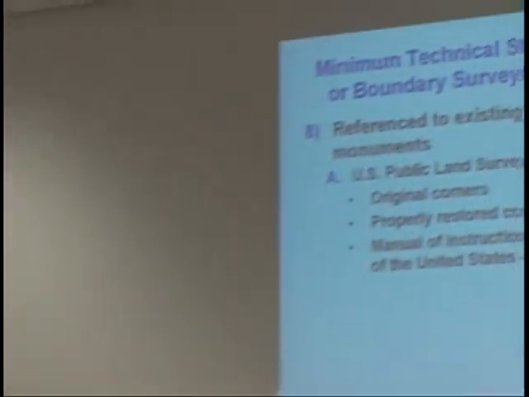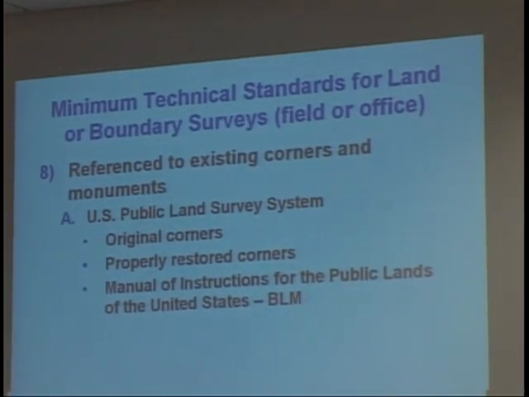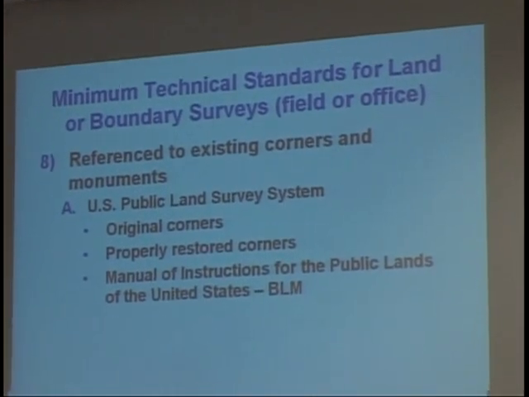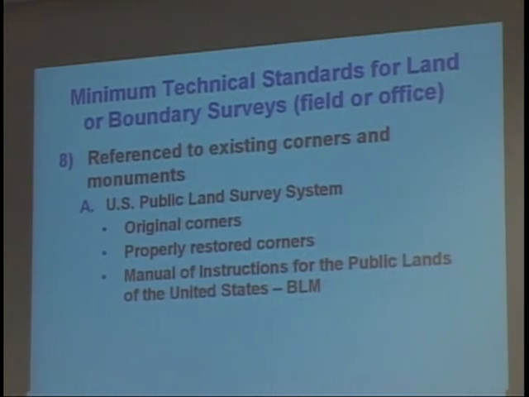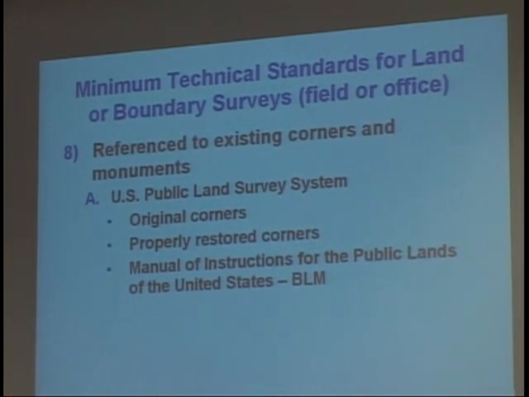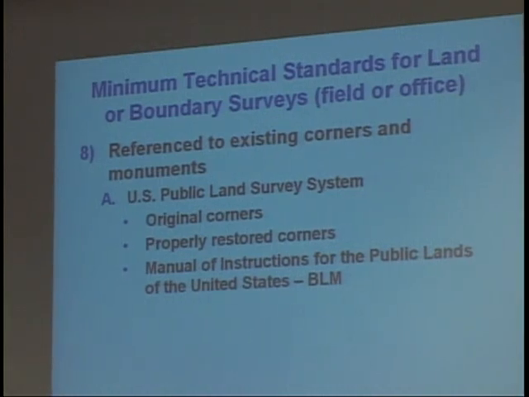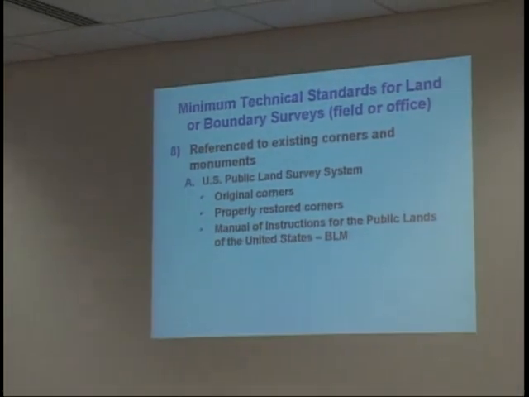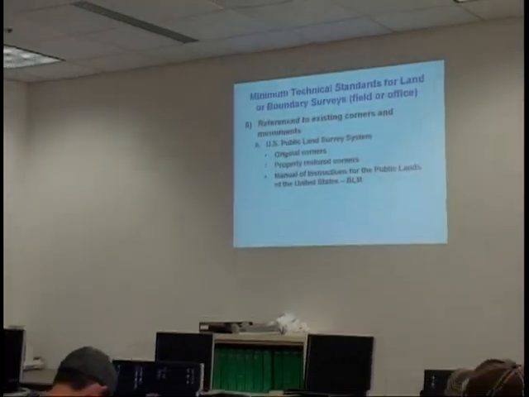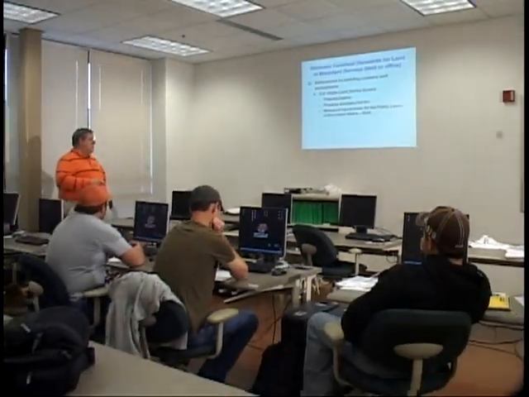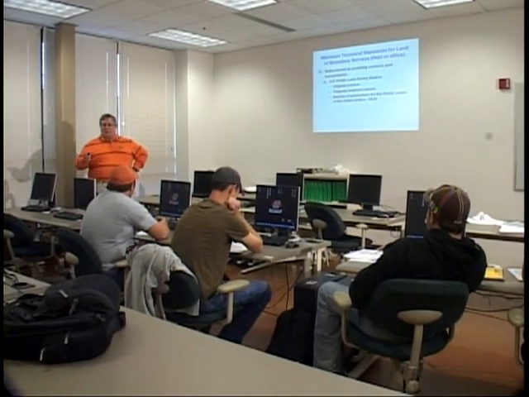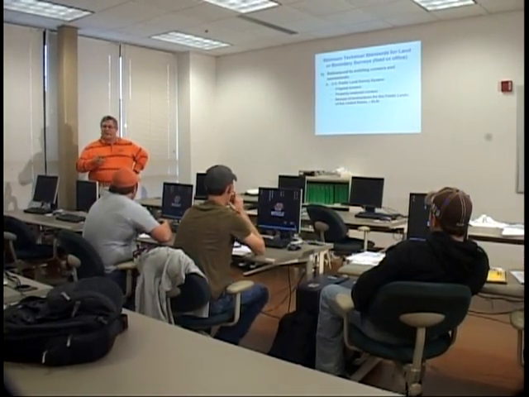Okay, now how do you go about restoring corners? Well, we could talk about an hour or so on that, but the methodology on restoring lost or obliterated corners is found in the Manual Instructions for the Public Lands of the United States, which is published by the Bureau of Land Management. The original government surveys were done by the GLO. Some people think that's a government land office. It is not.